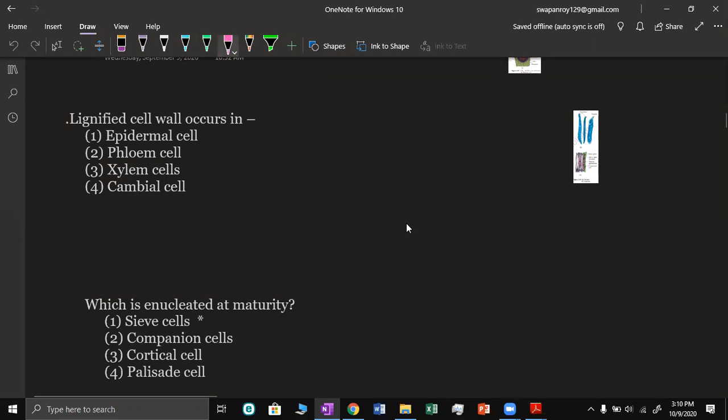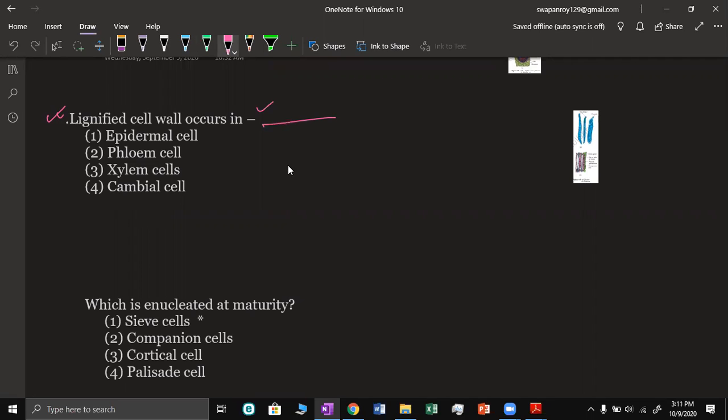Here is our first question. The lignified cell wall occurs in: the options are epidermal cell, phloem cells, xylem cell, and cambium cell. Which has lignified cells?